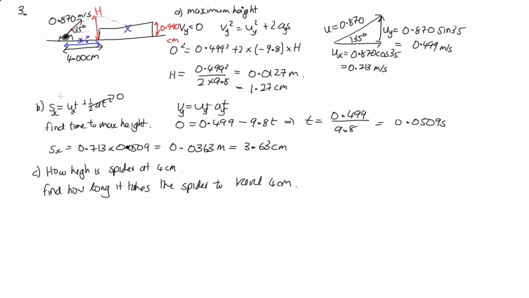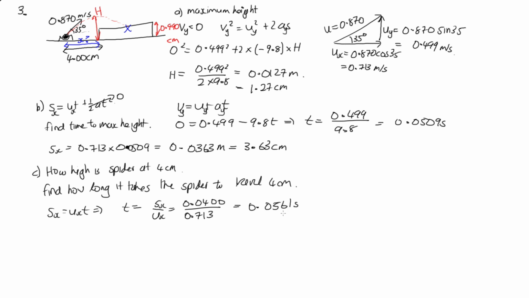In order to do that, we're going to use this equation here. So we've got s of x is equal to uxt, but this time we're trying to find t. So we've got s of x over u of x. We know that the displacement is 4 centimeters. So I've put that in meters because ux is in meters per second. So divided by 0.713.